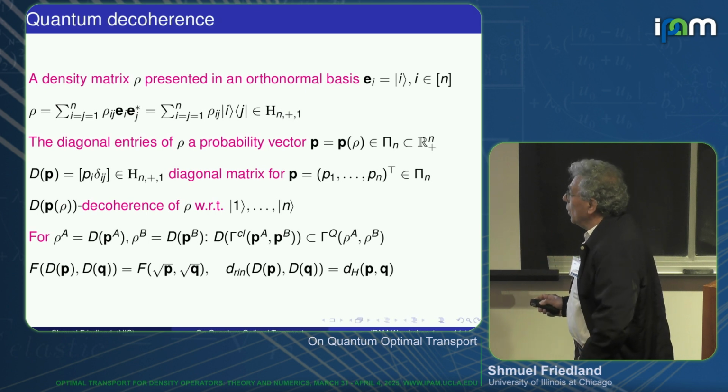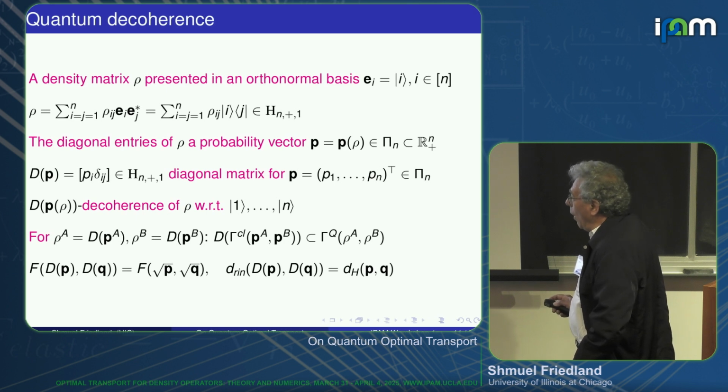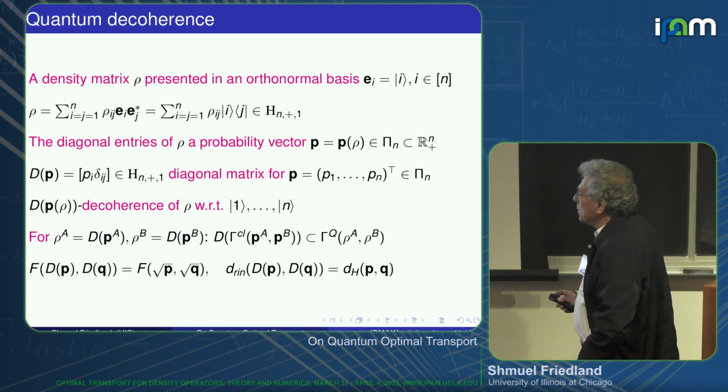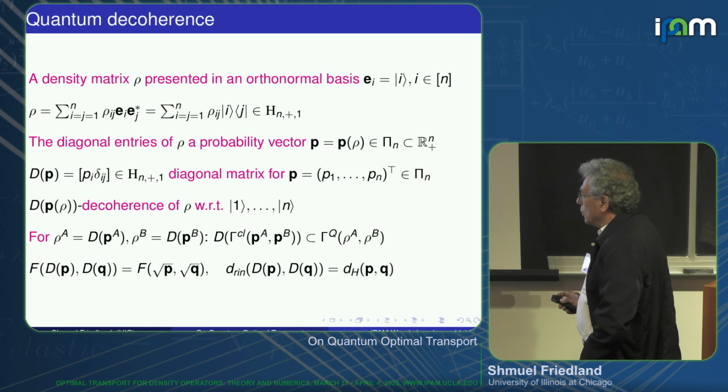Okay? So now if you take rho A and rho B, and you do the classical coupling of two density matrices.